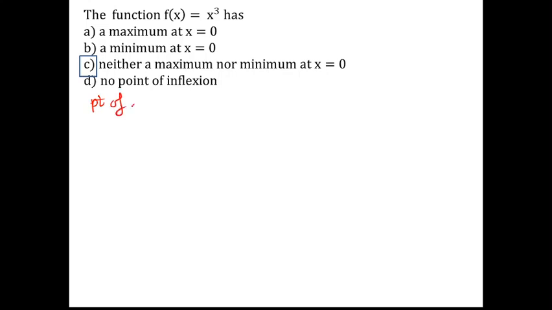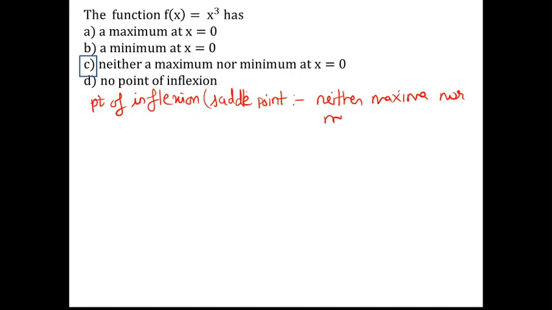Point of inflection, which is also called the saddle point. What do we mean by a saddle point or point of inflection? The point where neither maxima nor minima exist is called a point of inflection, or a saddle point.